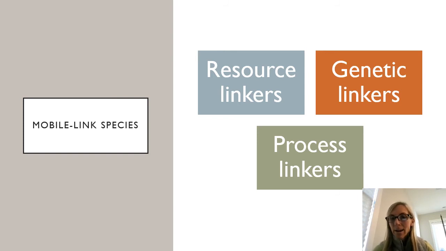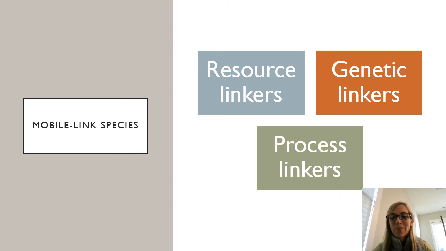Genetic linkers carry genetic information among ecosystems. They might bring this via seed dispersal or pollinators. And then process linkers can connect ecosystems by providing or supporting some essential process. So they might provide pest control or an essential disturbance such as grazing. In some cases, a single organism may be serving as more than one type of linker.